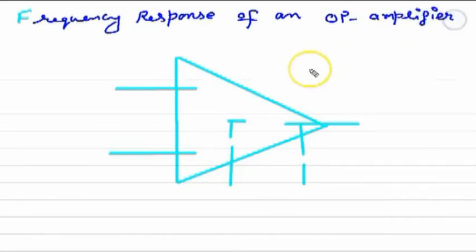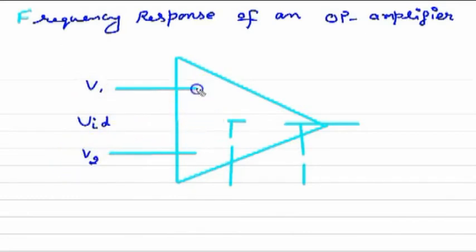Operational amplifier is basically a differential amplifier. It amplifies the difference signal applied at the inputs. So differential input is VID, that is the difference of V1 and V2.